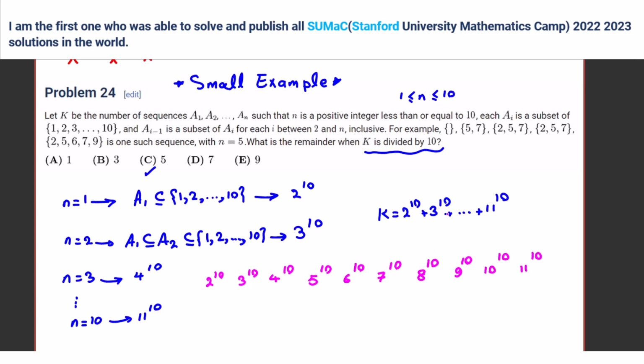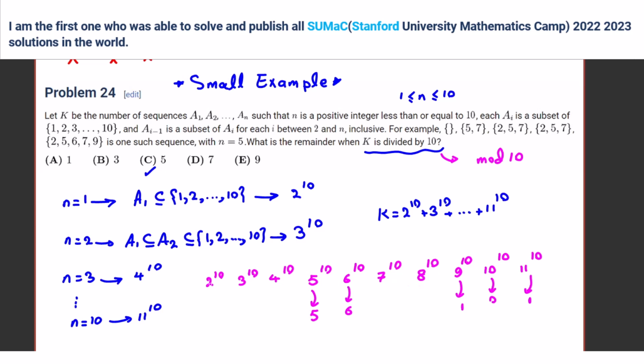And do you know if you want to find the remainder when divided by 10, we should calculate mod what? 10. Yes. This one is 0, this one is 1, right? Now for 6, it is 6. For 5, it is 5. For 9 to the 10, it's 1, right?